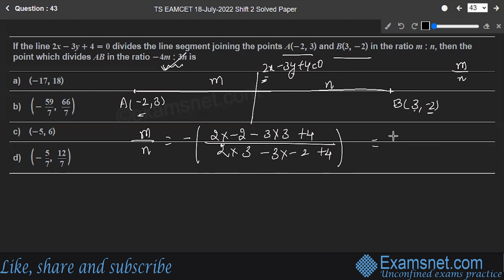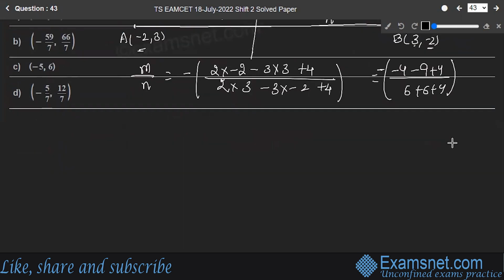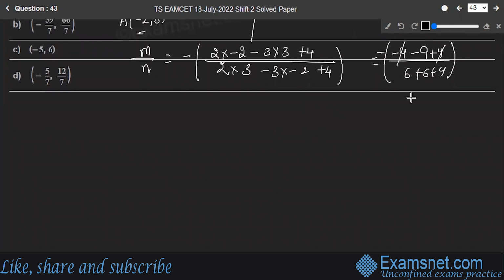This comes out to be minus of minus 9 plus 4 upon 6 plus 6 plus 4. So this will cancel out and you will have 9 upon 16 as m is to n. And you had to find out minus 4 upon 3n. So minus 4 into 9 upon 3 into 16, you will have minus 3 by 4.